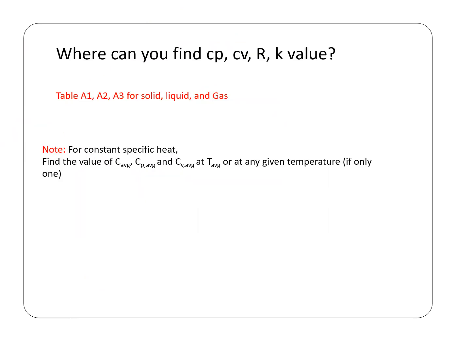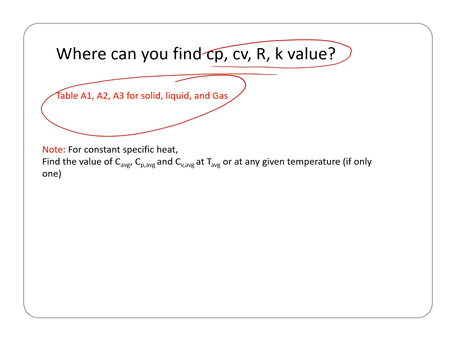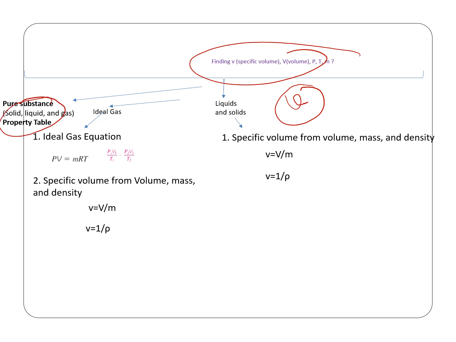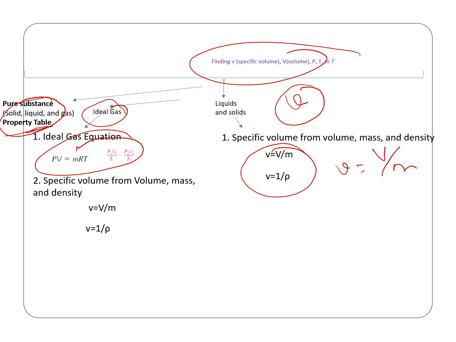Again, these CP, CV, and R values you can get from the appendix if you are using a specific heat method. Also, we talked previously about how you can find the other property, which is specific volume. The value can be obtained from the property table, and that's the best way. If not given, and it's an ideal gas, you can use the ideal gas equation, and if it's a liquid, you can use the equation for specific volume if you know the volume and the mass.